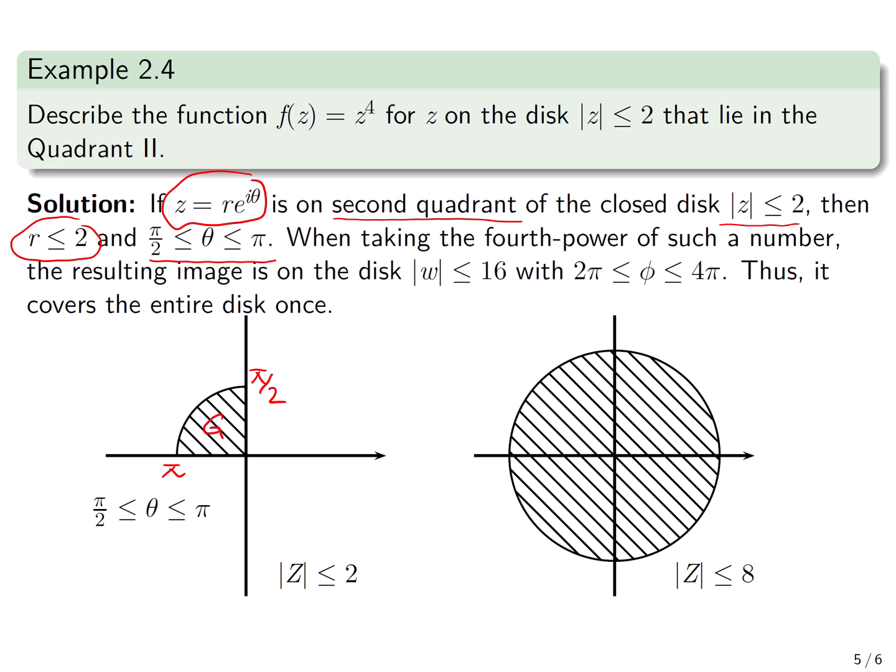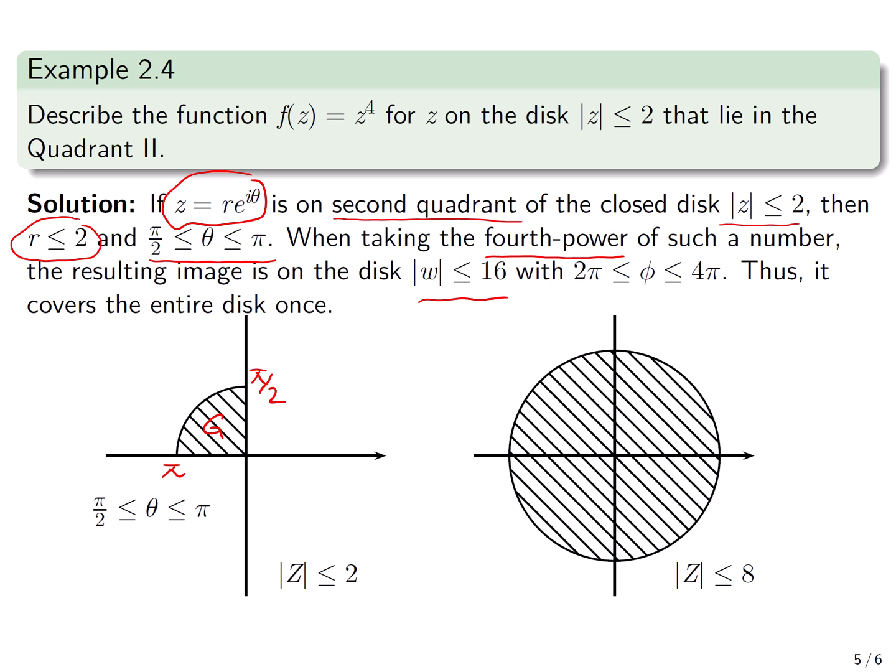Since we raise that to the fourth power, r gets raised to the fourth power, so the absolute value is less than or equal to 16. And the theta, in this case we can say phi in the new domain, gets multiplied by 4.